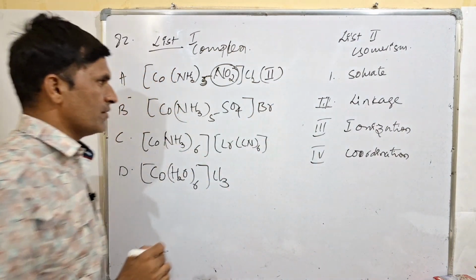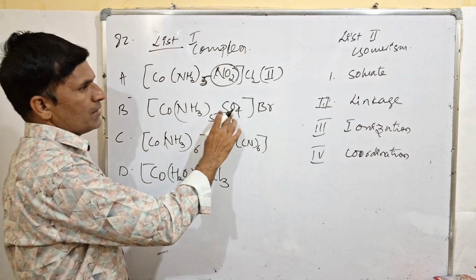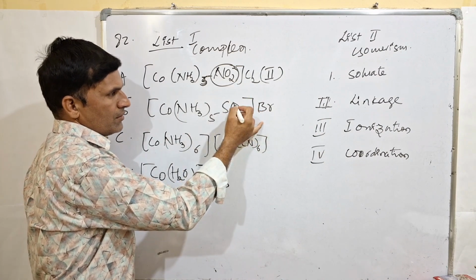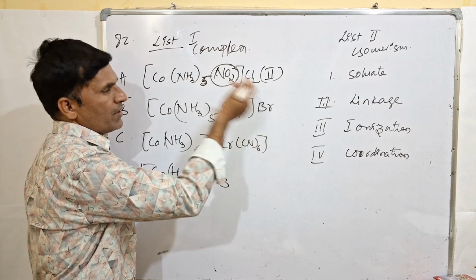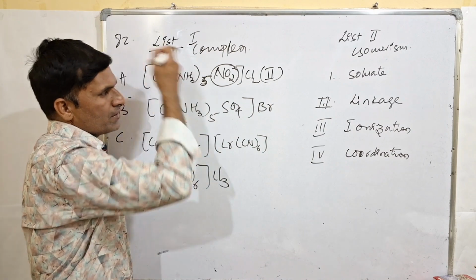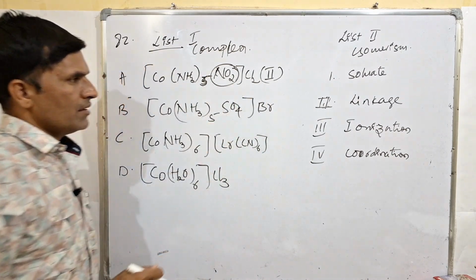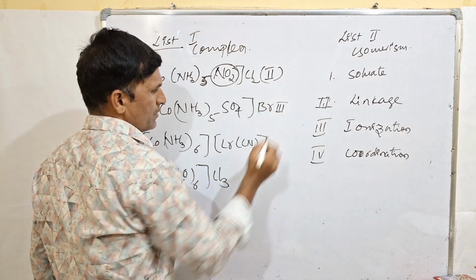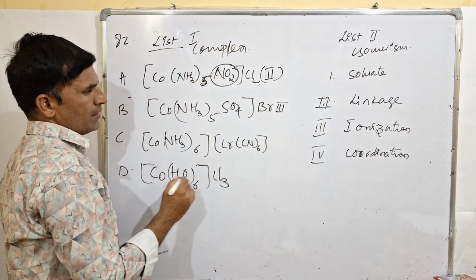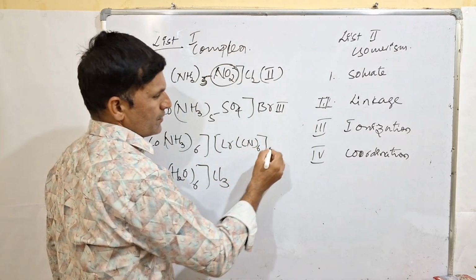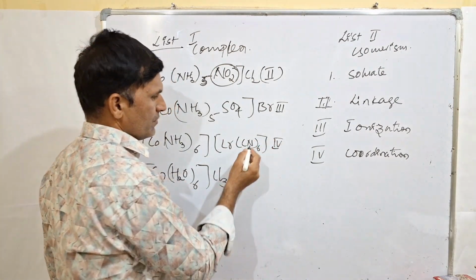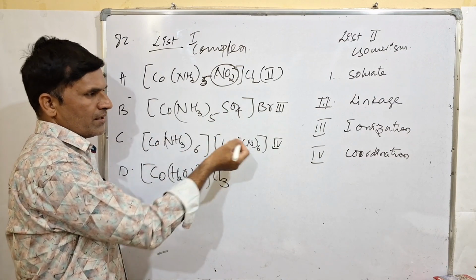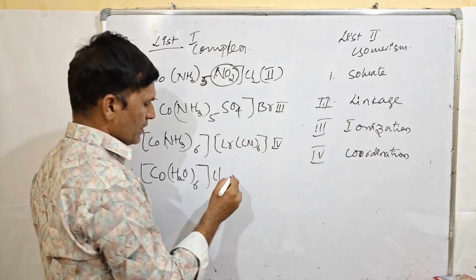Okay, second option. And here you can see this is ionization. One time sulfate will be outside, and the other time what happens? Bromine will be outside. So therefore, it is ionization. Third option. And here it is what? Coordination isomerism. Cyanide can coordinate with this, and amine can coordinate with this. So therefore, it is coordination isomerism.